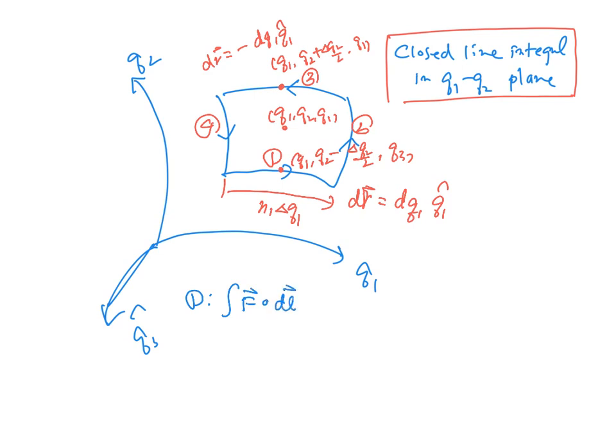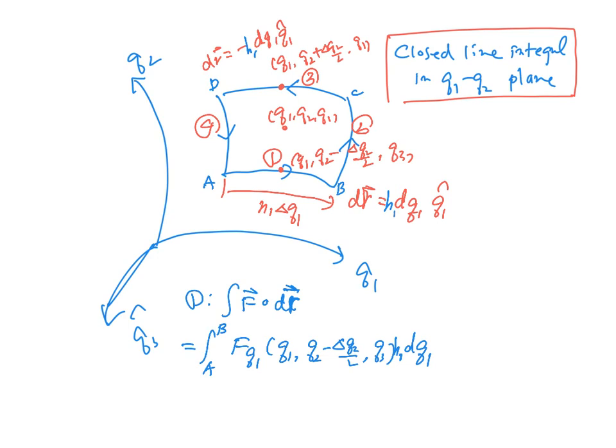So along this one, F·dL, with corners A, B, C, D, is F_Q1 at Q1, Q2 minus delta Q2 over 2, Q3, times dR. Of course, dR is H1 dQ1, because this is the actual distance.